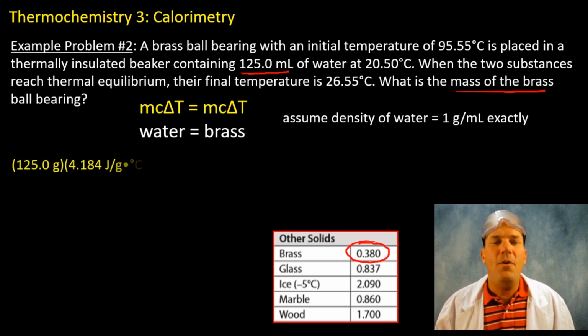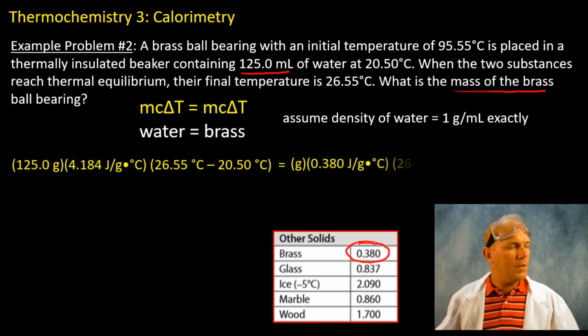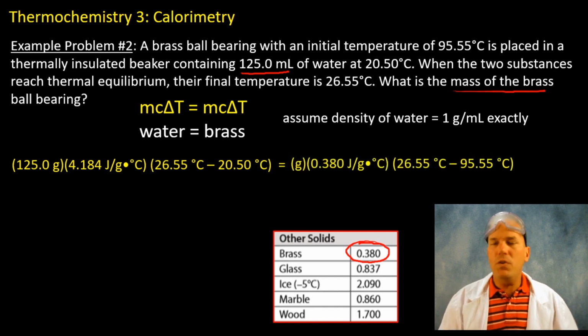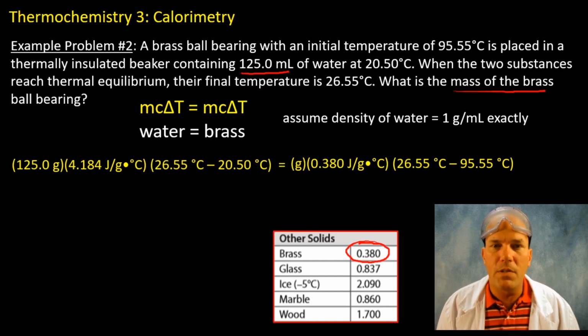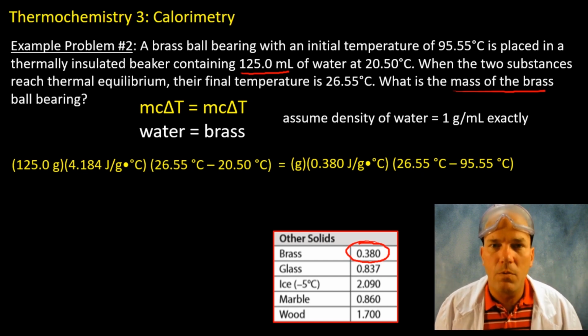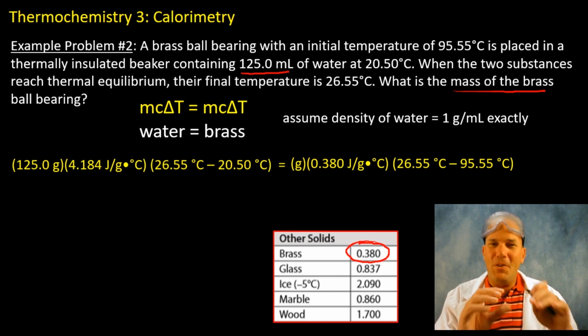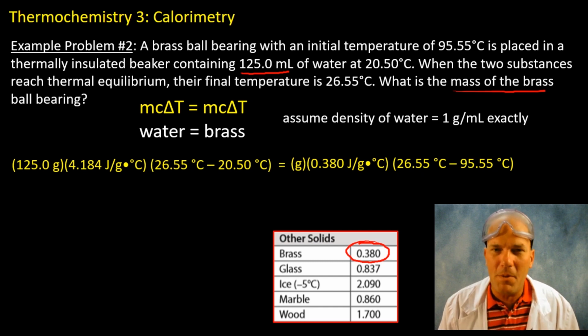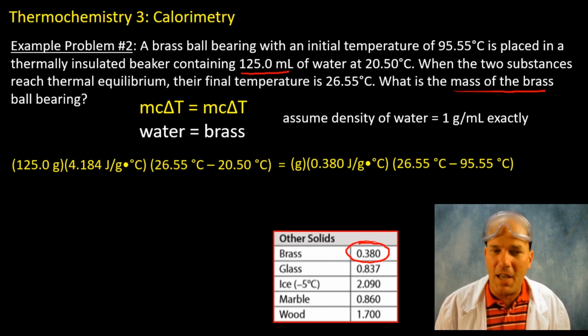Now acknowledging that the Q for the water is equal to the Q for the brass ball bearing, we've set those equal. Where'd the sign go? Where'd the negative go? Well, look at how we went into all of those details in example problem 1 to show that ultimately the sign canceled out.